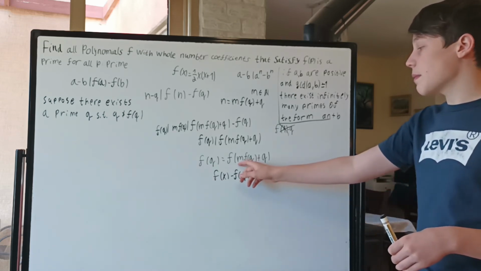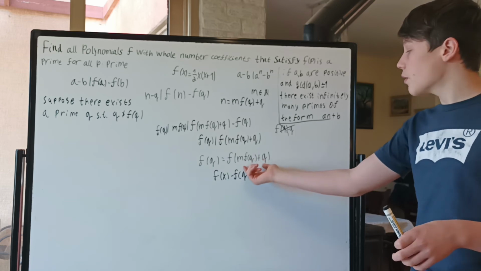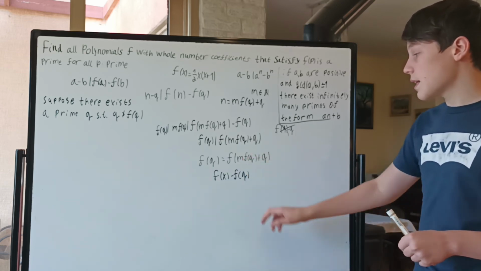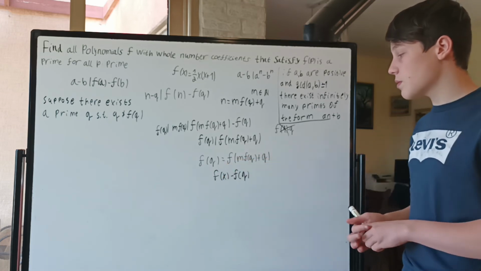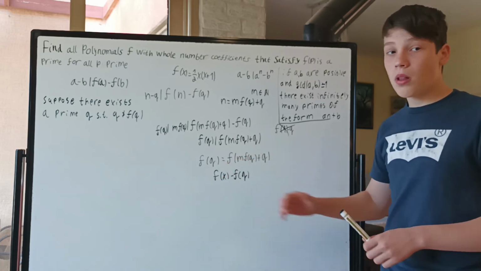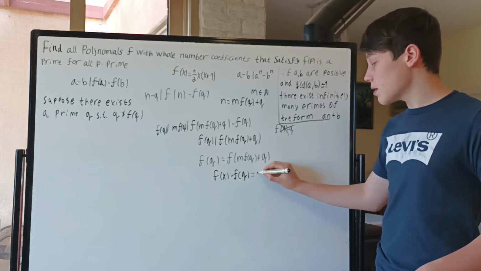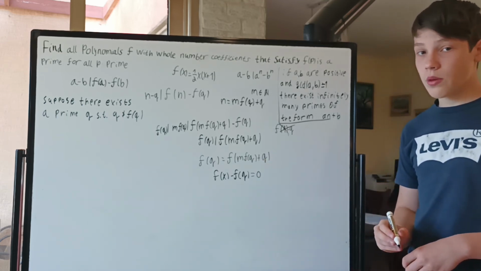There are infinitely many values like this, m f of q plus q, that satisfy f of them minus f of q is 0. So if a polynomial has infinitely many roots, the only thing it could be is the polynomial 0.